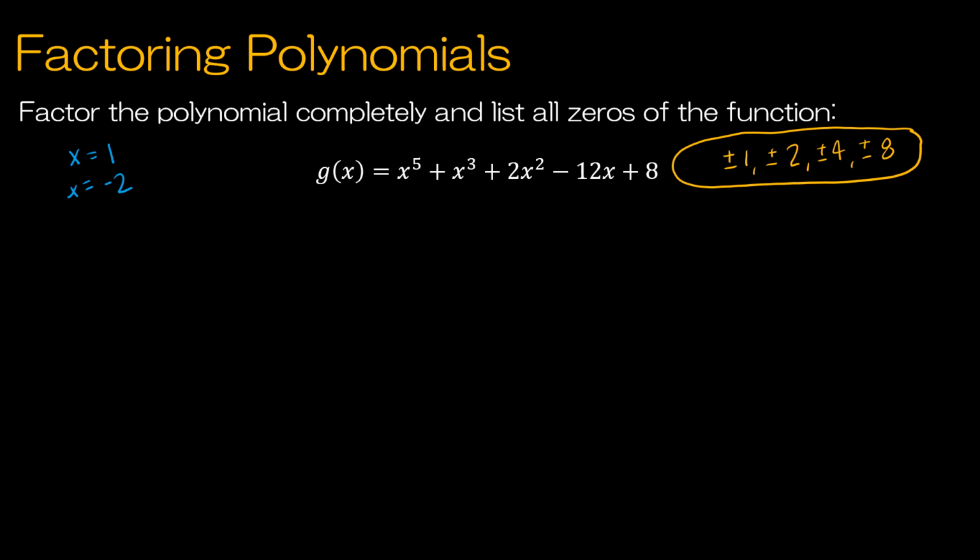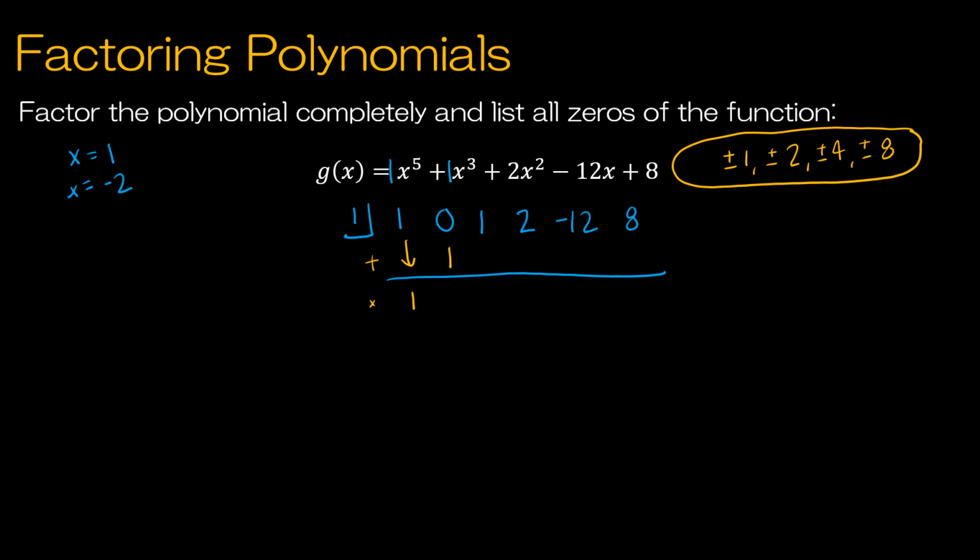So again, I'm going to use synthetic division because it's easier and faster. So I'm going to plug in a 1, and then I've got 1, 0 as a placeholder, 1, 2, negative 12, and 8. And then I'm just going to follow the algorithm that says bring down the first value, and then if it falls below the line we multiply, 1 times 1, and if it falls above the line we add.